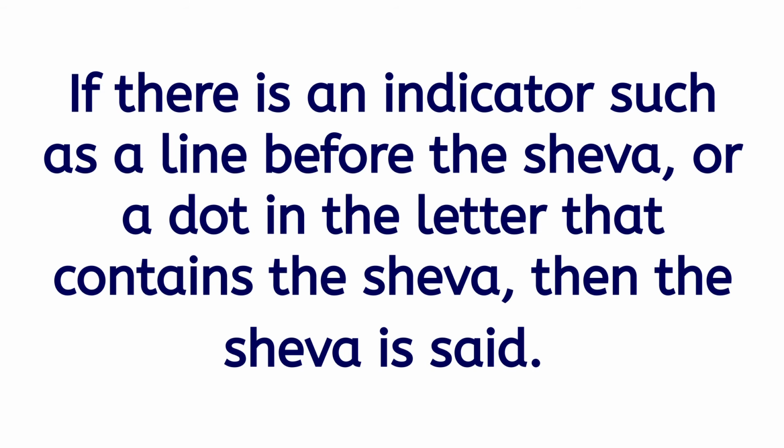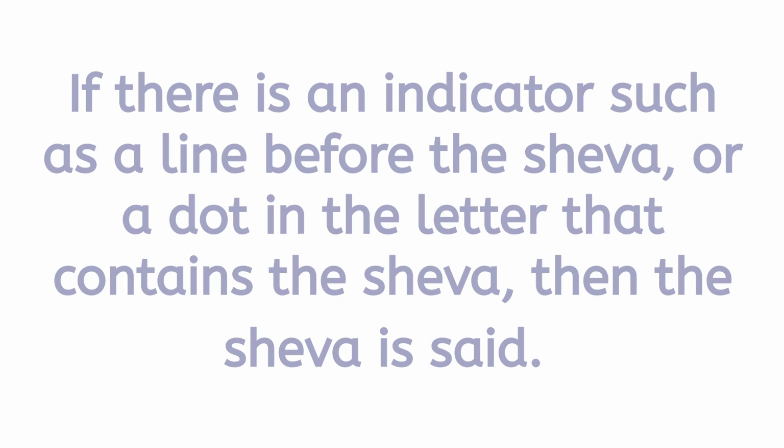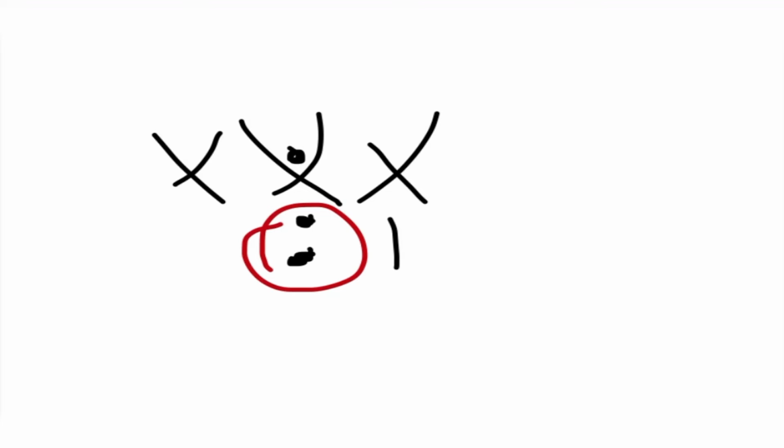So again, if you have a line that precedes the Shiva, or a dot in the middle of the letter, then your Shiva is sounded out as a short e sound. Okay, enough talk. Let's get to work.